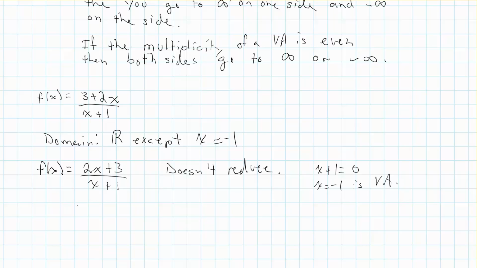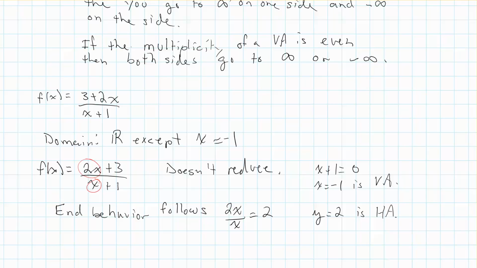And if I want to talk about horizontal asymptotes, I look at my lead terms. The lead terms are 2x and x. So the end behavior follows 2x over x, which is 2. So y equals 2 is a horizontal asymptote.